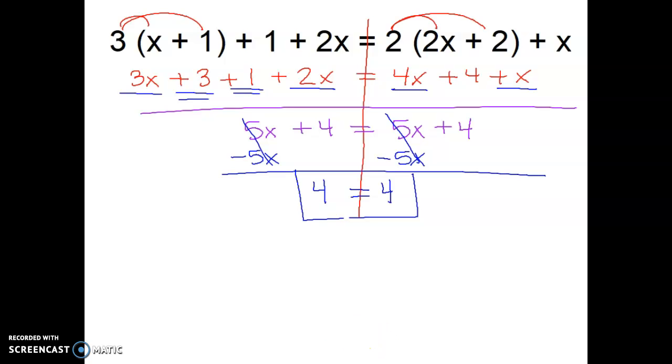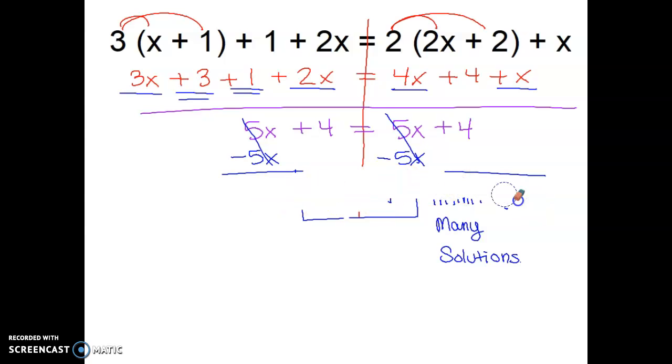This is an example of infinitely many solutions. I don't know how to spell infinitely many solutions, right? Infinitely many solutions.